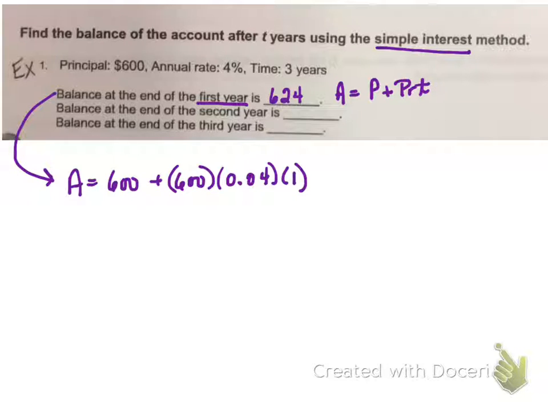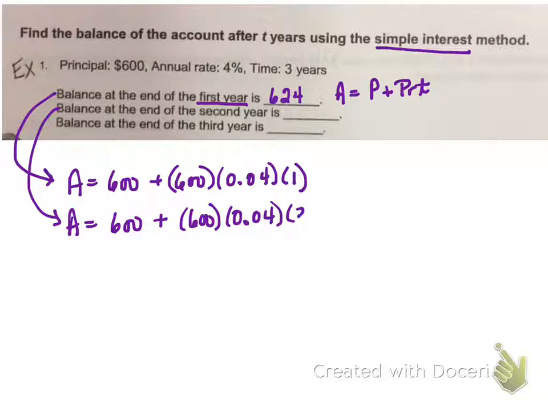Alright, then it says use the simple interest formula again and calculate how much money you would have after the second year. So then that's going to be A equals 600 plus 600 times 0.04 times 2. You don't have to keep writing that, but just use your calculator there and tell me what you're going to get using the simple interest formula for 2 years. 648.